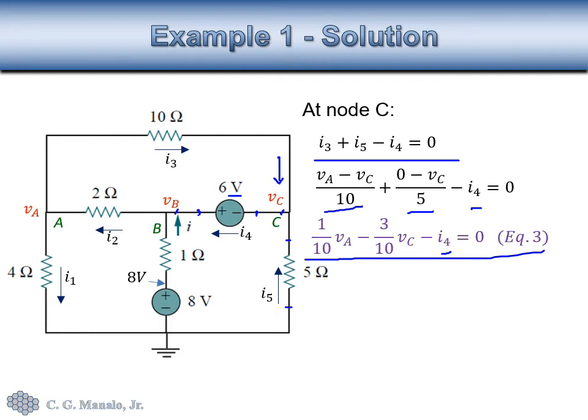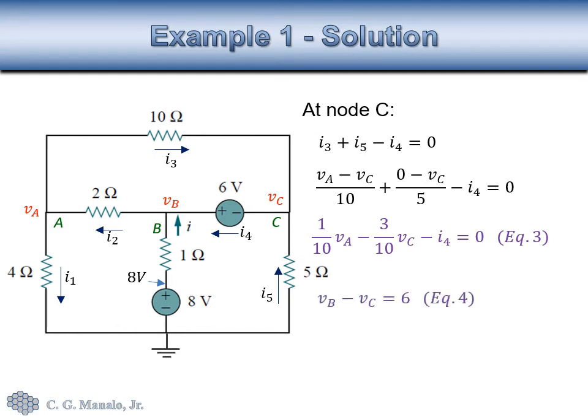But the potential difference across the terminals of the 6 volts can also be expressed in terms of the potentials V sub B and V sub C. And that should be V sub B minus V sub C equals 6 volts. Okay, so that would actually be that one. So that would be our equation 4.